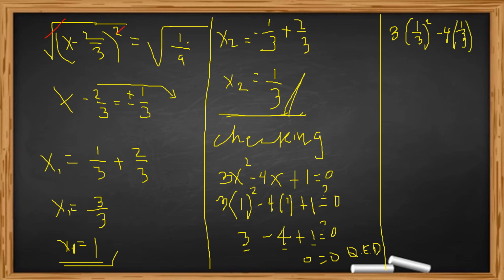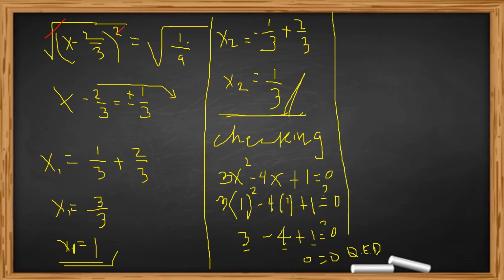We're running short on space, so let's erase. Okay, there's more room. So 3x squared, 3, but x is 1/3, so replace it with 1/3.